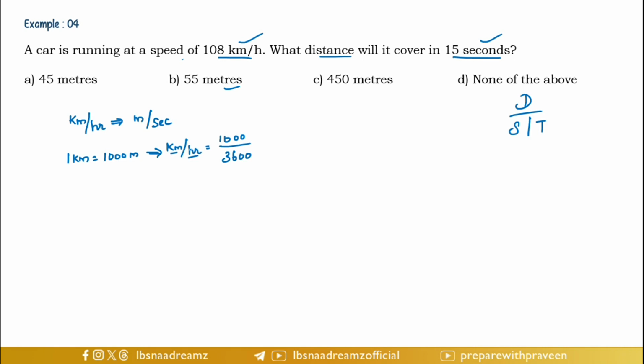So 1 kilometer is equal to 1000 meters, 1 hour is equal to 3600 seconds, right? So 5 2s are 10, 18 2s are 36.